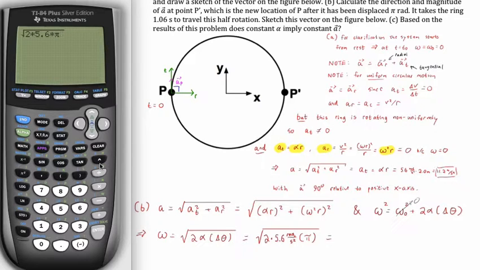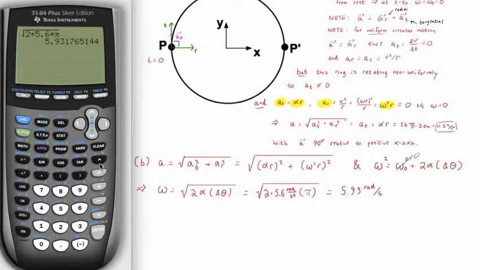All right, so 5.93 is our angular velocity at point P prime. 5.93 radians per second.